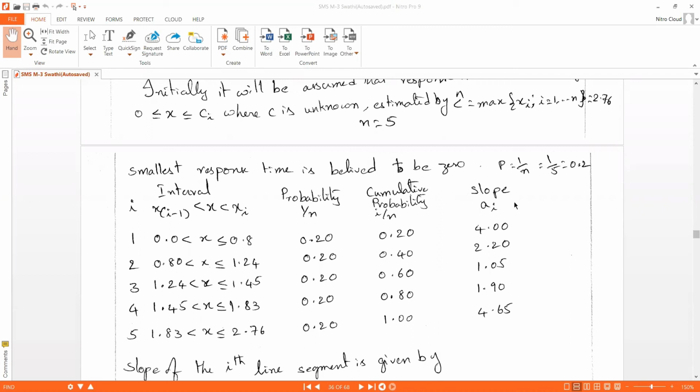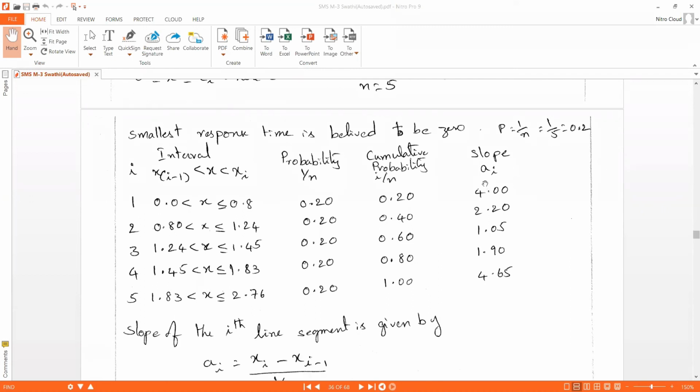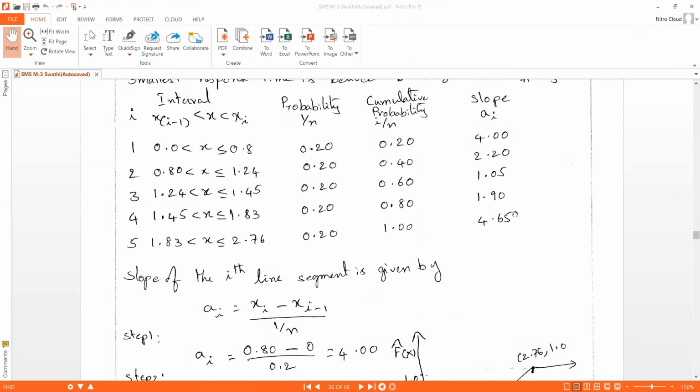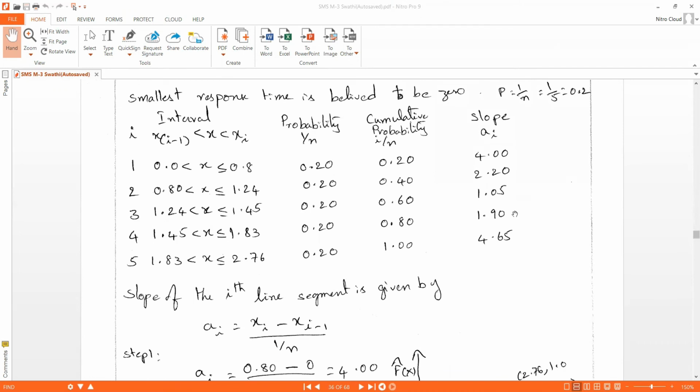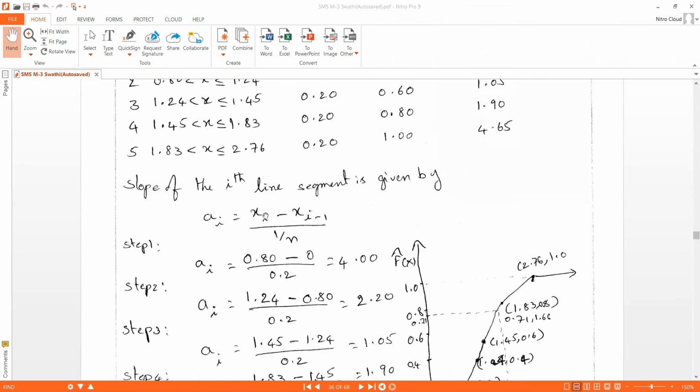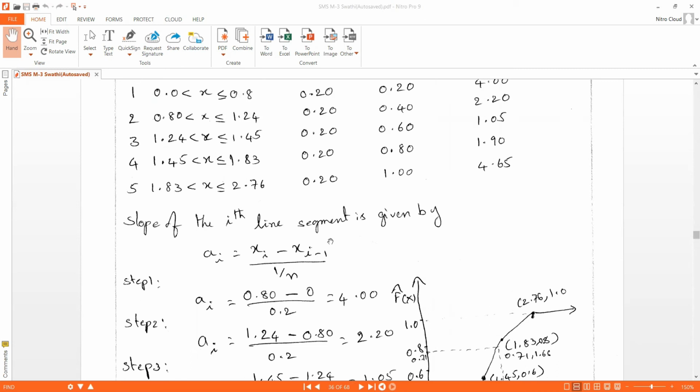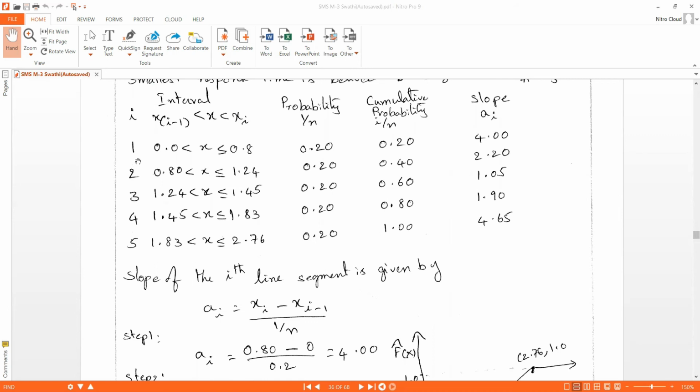Next, we need to calculate the slope, that is a_i. To calculate the a_i value, we know the formula: a_i = (x_i − x_{i-1}) divided by 1 by n. What is the x_i value for interval 1?